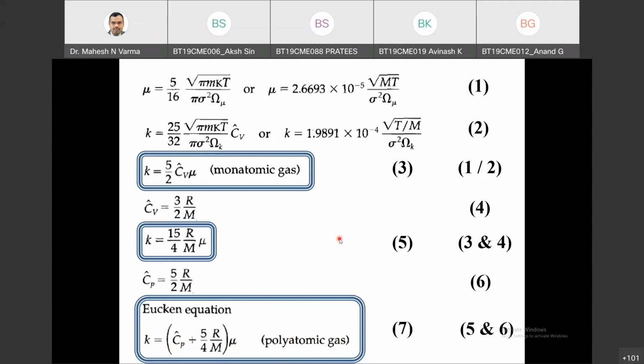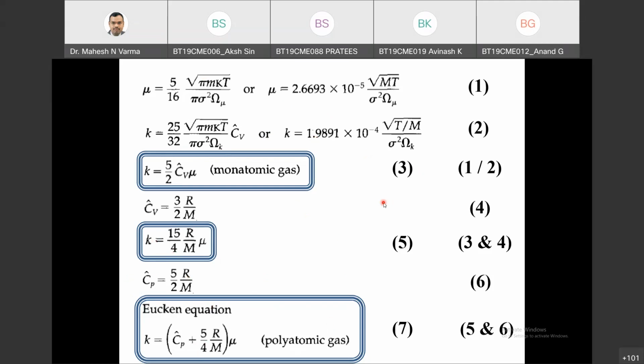We'll try to solve some problems based on this formula and the other formulas, and we'll end this discussion of thermal conductivity. Briefly I will explain what is given for diffusivity. On the same line you can discuss how to estimate the diffusivity.